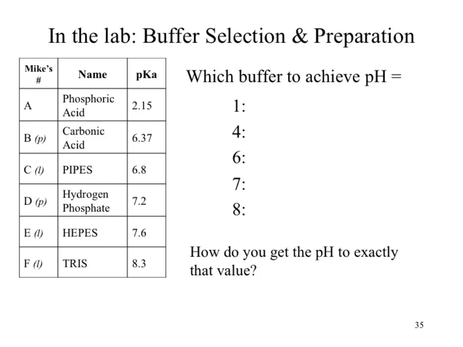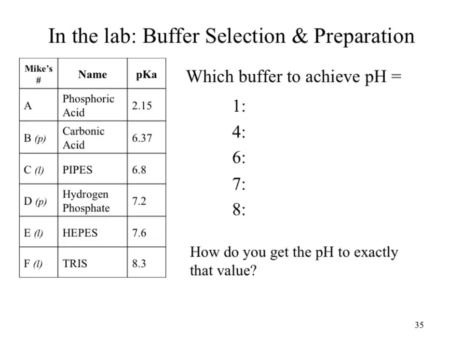For instance, tris, remember we buffer at the pKa pH range. So tris will buffer really well at 8.3 pH. Okay, and it's roughly plus or minus 0.5 pH range off of that. You'll buffer about 0.5 either direction.